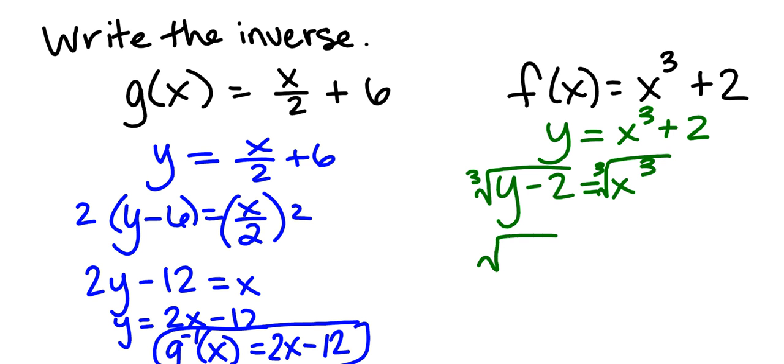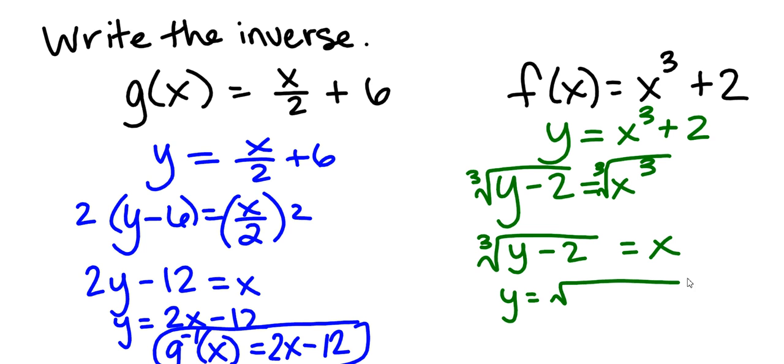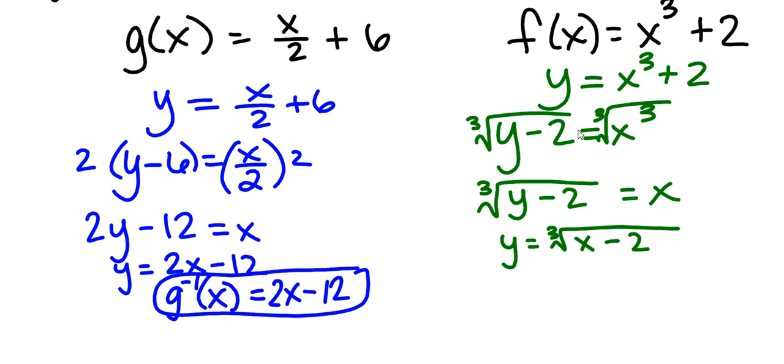So I get the cube root of y minus 2 equals x. Now I got x by itself, so I'm going to switch my x and y. And remember that the cube root, the 3, has to be in this little crevice here. It can't be off on its own. That means something different. Then I had f of x, so I'm going to write it as the inverse of f of x, or f inverse of x, to have my answer.